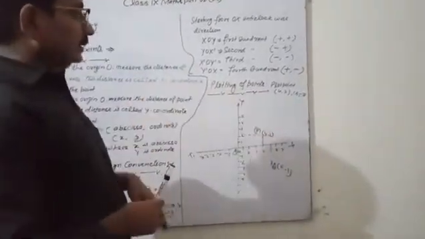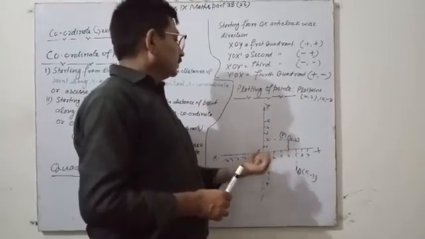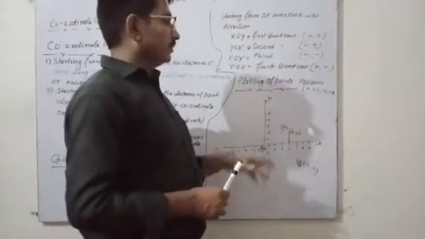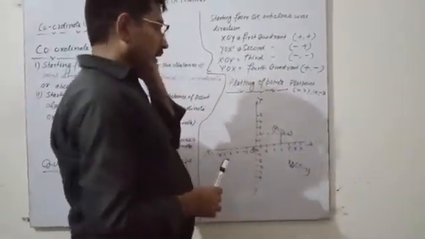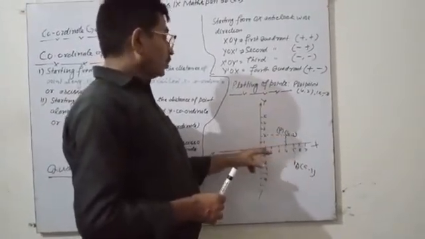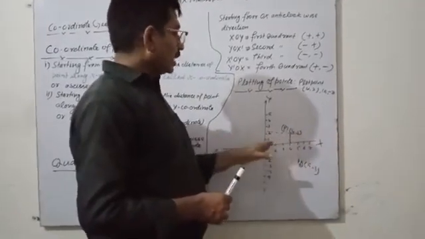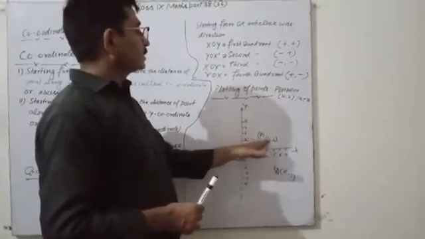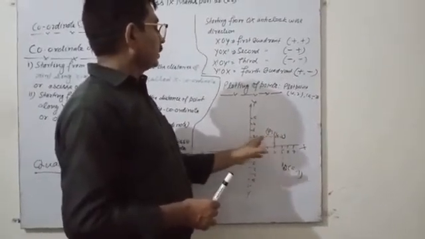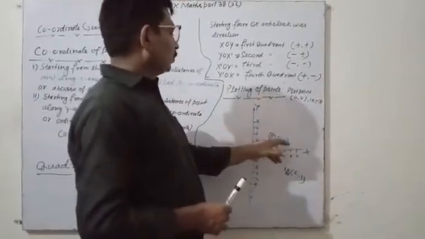Now for the example (4, 2), on the graph paper, consider one big box equal to 1 unit along the x axis. Similarly, one big box equals 1 unit along the y axis. For this, take 4 units distance along the x axis and 2 units along the y axis. You get the point at the intersection, P (4, 2).